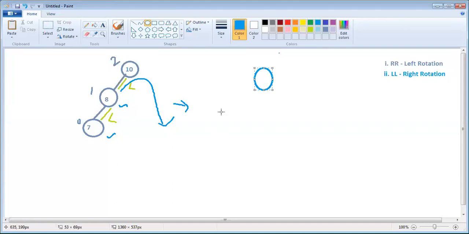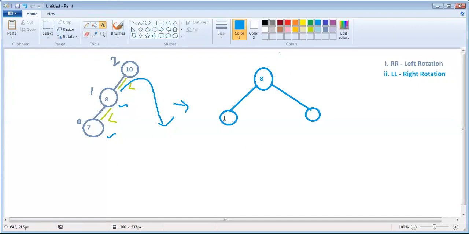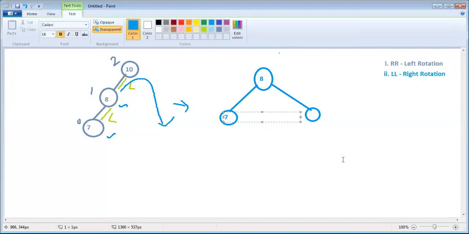So what is the resultant value I can get? In the root node, what value can I get? 8 will come in the root node, and then in the leaf nodes, on the left side 7 will be there and on the right side 10.